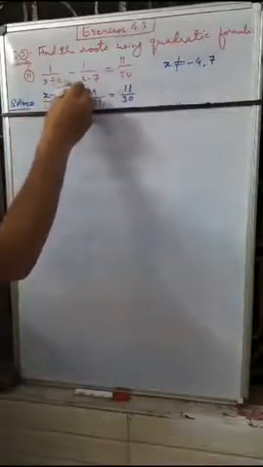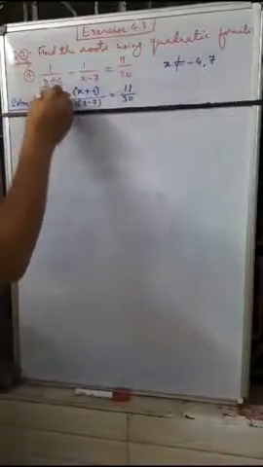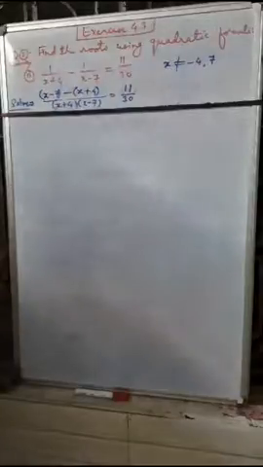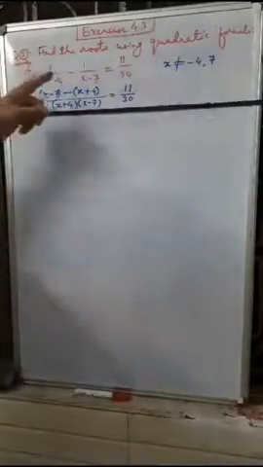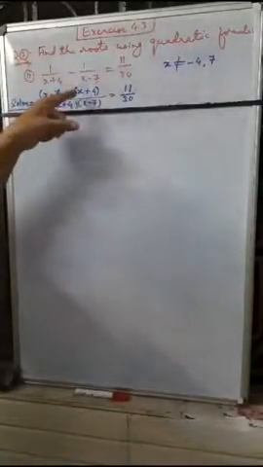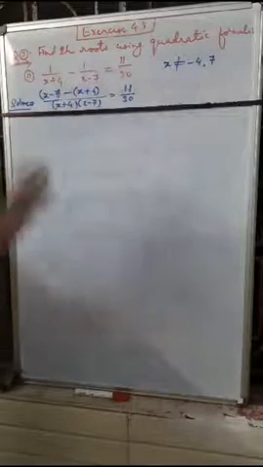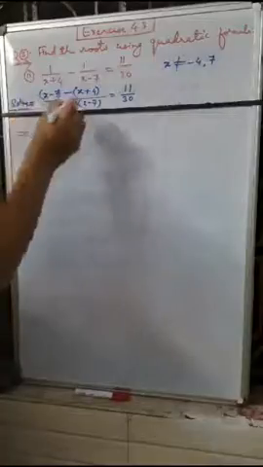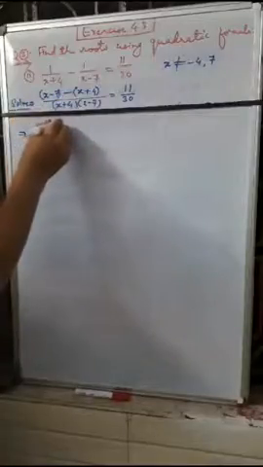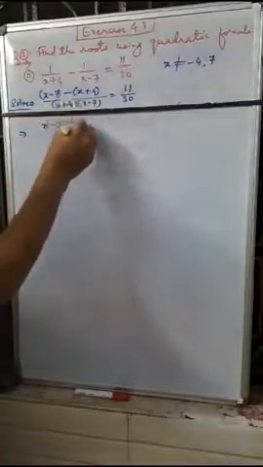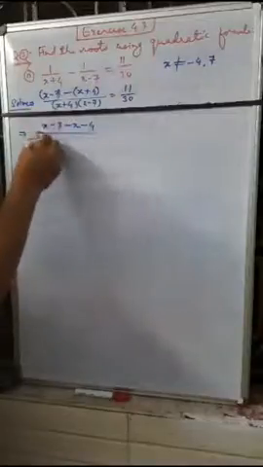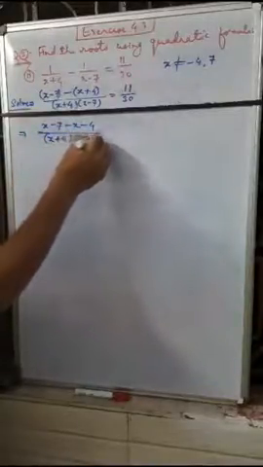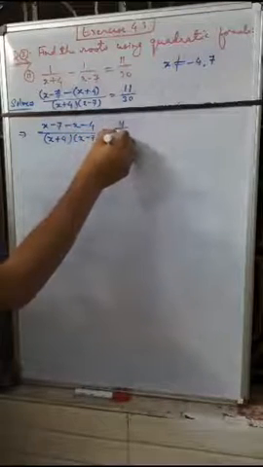So after minus sign you need to write inside the bracket of x plus 4, because when minus sign enters the bracket, sign will be changed. So now open the bracket, x minus 7 minus x minus 4 upon x plus 4 and x minus 7 is equal to 11 by 30.